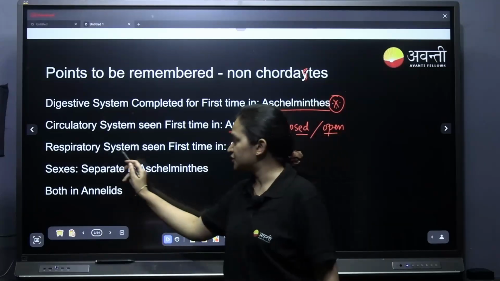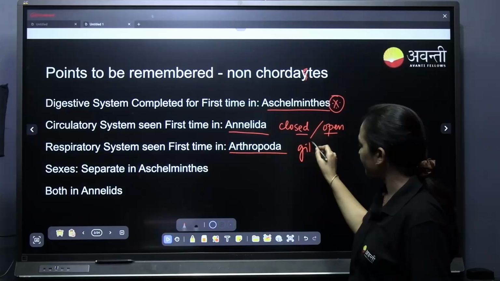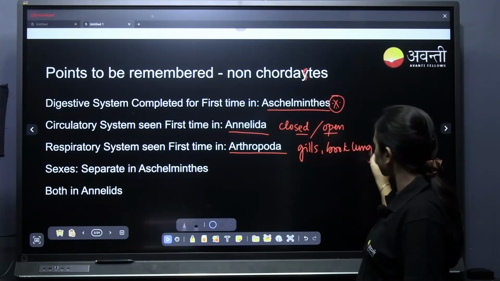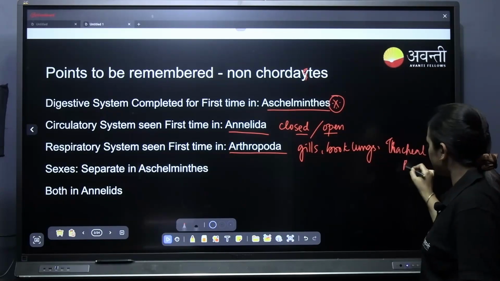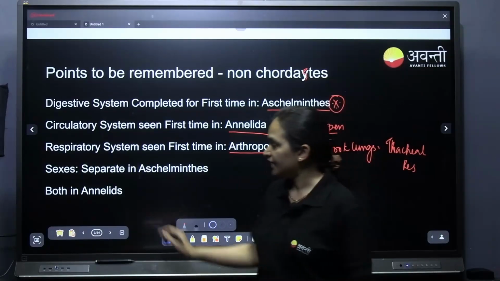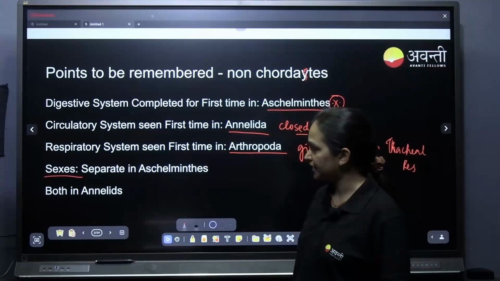About the respiratory system, first seen in the arthropods, we can see gills, book lungs, and trachea, tracheal respiration in the arthropods. And first we see the sexes separate. Till there we see hermaphrodites.